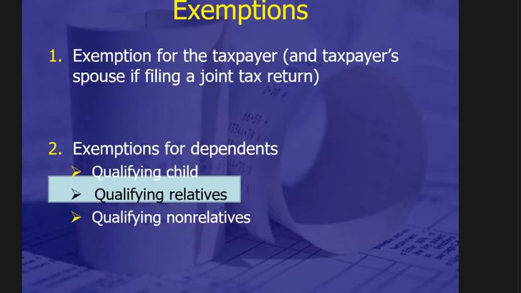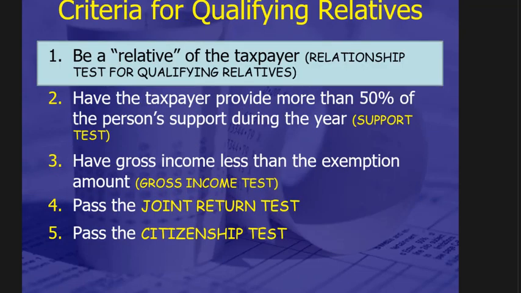If they don't fit as a qualifying child, they may be a qualifying relative and still be entitled to a dependency exemption. In this case, the taxpayer has to provide more than 50%. Remember, for the qualifying child it was that the dependent did not provide half or more. So this is a positive test: you have to provide a certain amount of support for this individual.